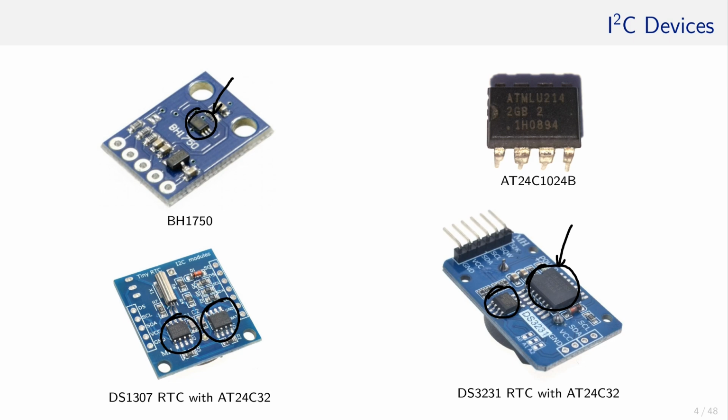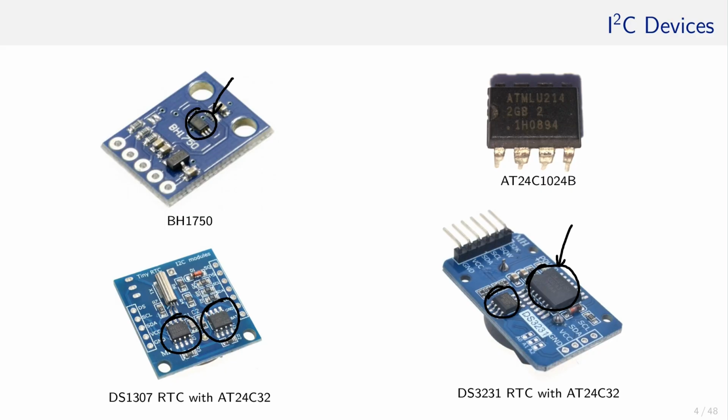Now you can access the EEPROM, the light sensor, and any of the RTCs in this picture using one I2C interface. And that brings us to another difference compared to UART or USART. I2C supports multiple devices through one interface and is therefore also called a bus.